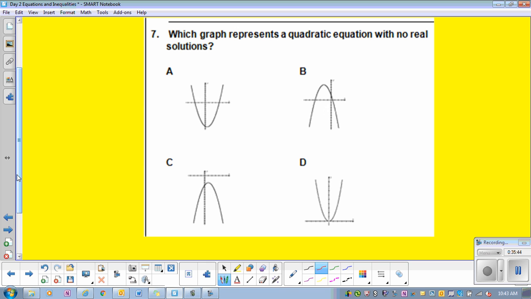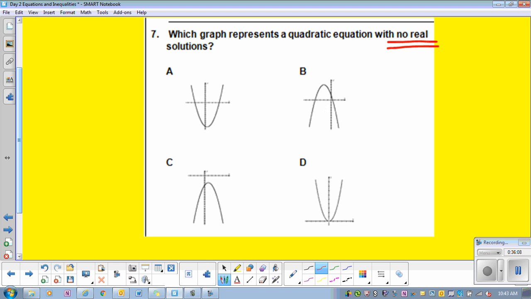Number 7. Which graph represents a quadratic equation with no real solutions? This is your key right here. No real. Which one is it? Tom, you focused? Which one is no real? C. Good.